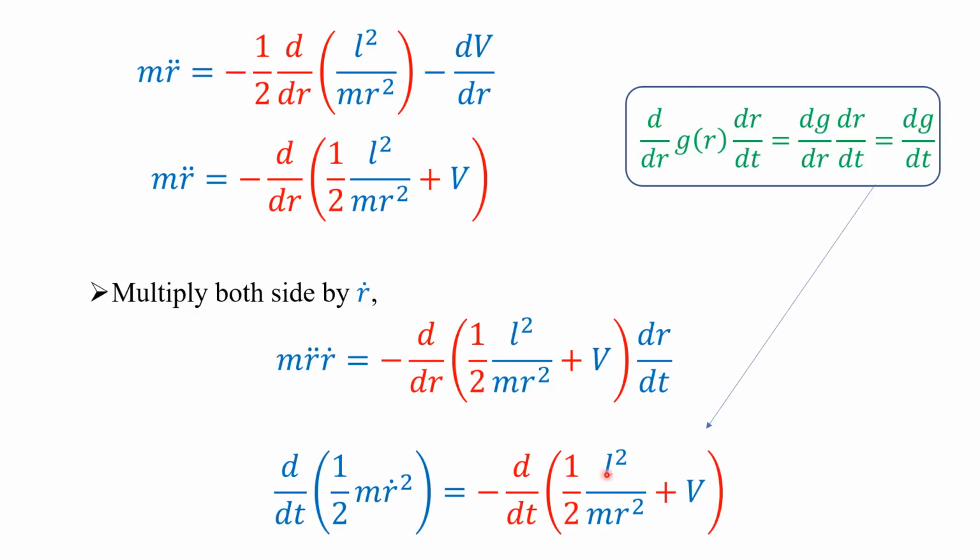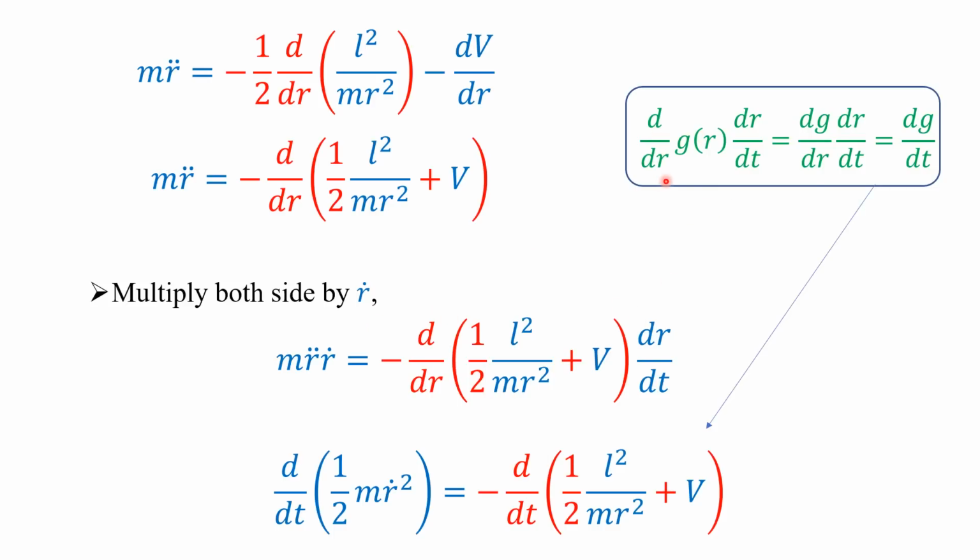Here, in the same way, we are multiplying by r dot, dr by dt. Just some mathematical tricks. You take this bracket term as g.